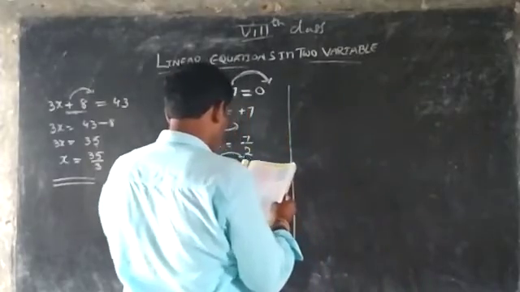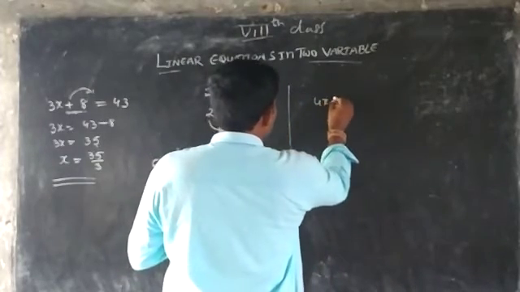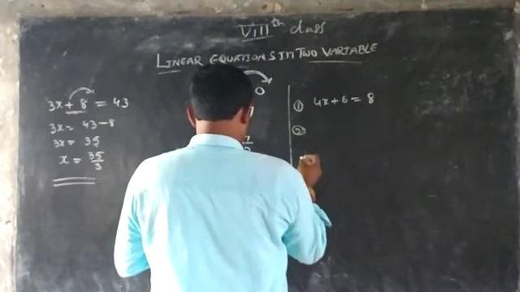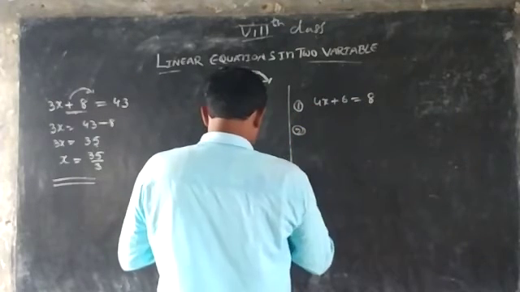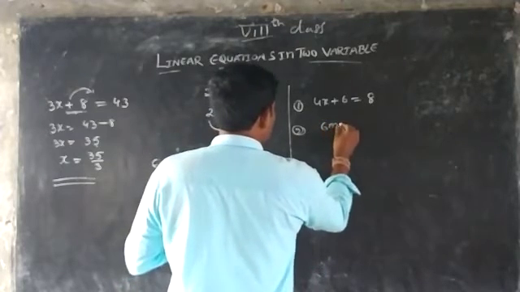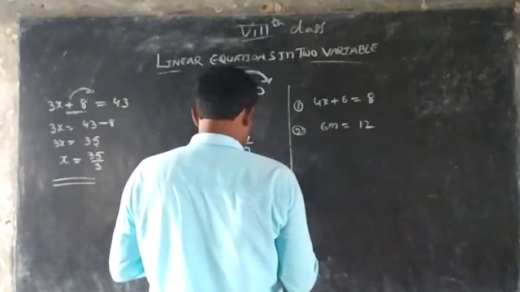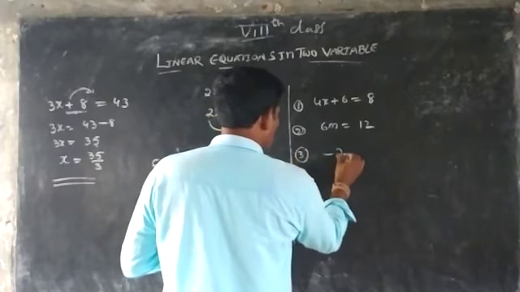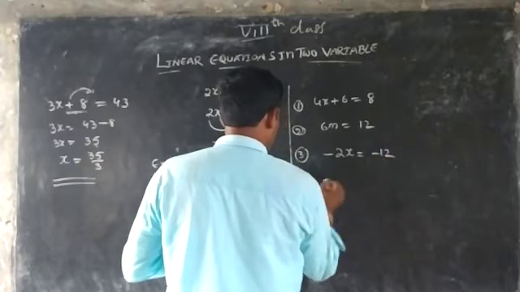Some examples I want you to do. First: 4x plus x is equal to 8. Second one is 6m is equal to 12. Third one is minus 2x is equal to minus 12.